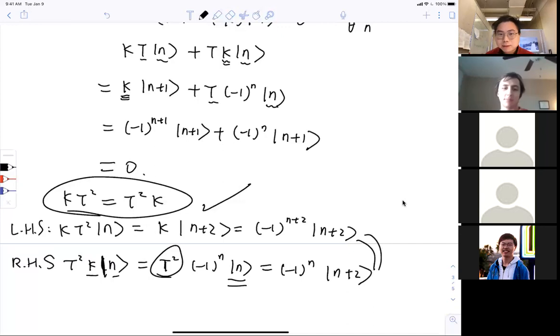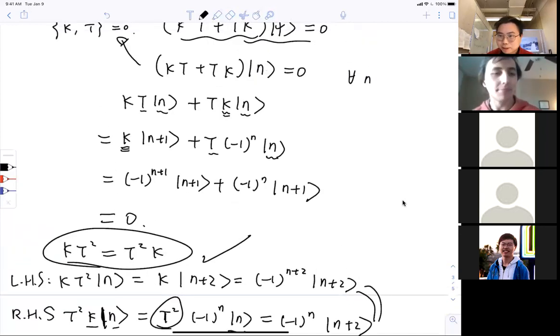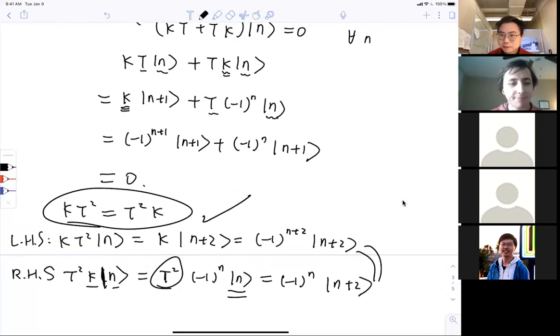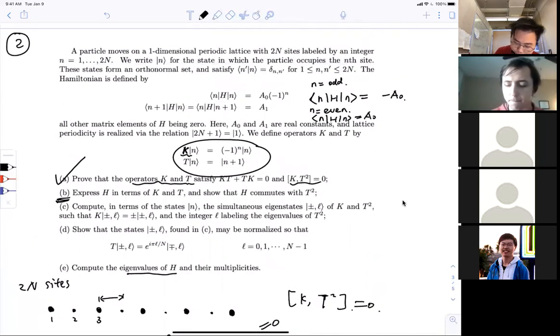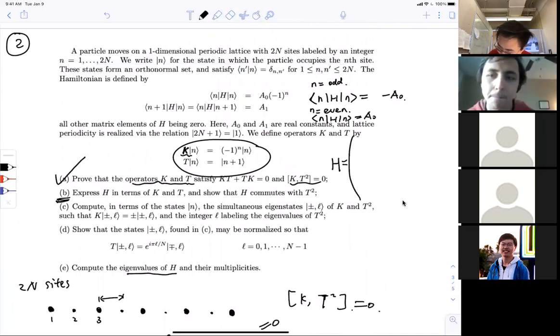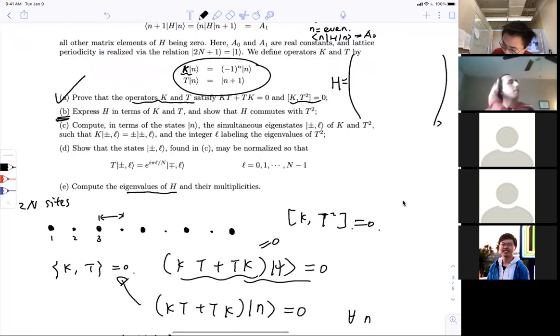Any question about this part? Okay, so it's quite straightforward. We solved part A. So for part B, I would say the most straightforward way is to write down the expression for the Hamiltonian in matrix form, right? The problem tells us, by the way, this system is 2N by 2N.